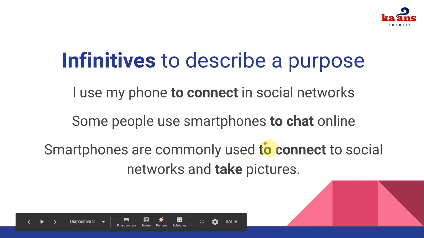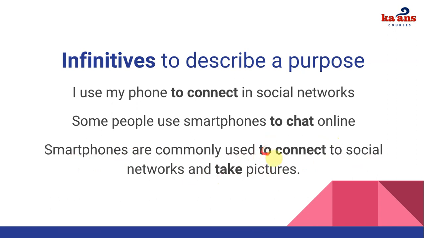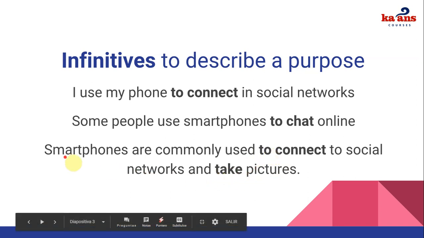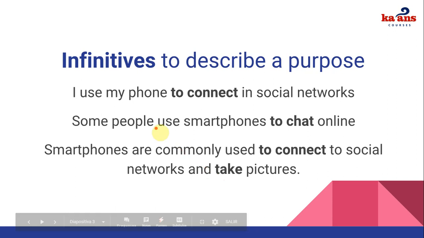So as you can see, it's not necessary to repeat the infinitive. In this case, we could also eliminate it because we already have it at the beginning, but you can also use it here. Smartphones are commonly used to connect to social networks and to take pictures. Okay? So as you can see, we have infinitives.